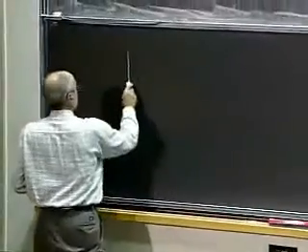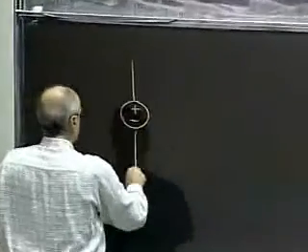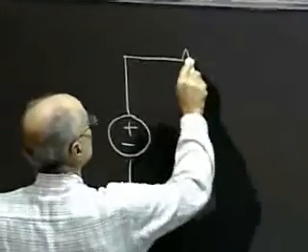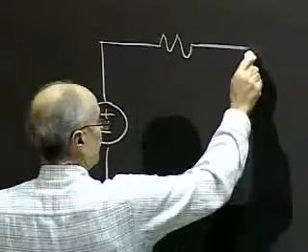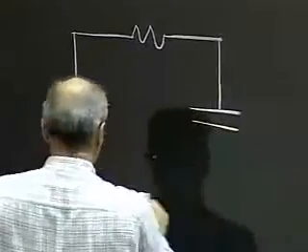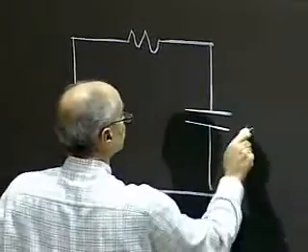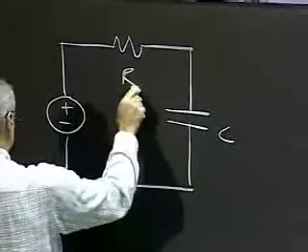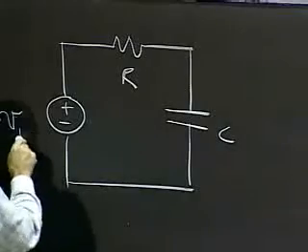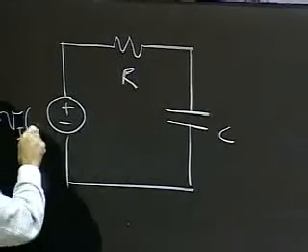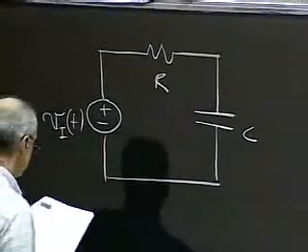You recall the circuit that we've been studying, the canonical RC, with an input voltage function of t.